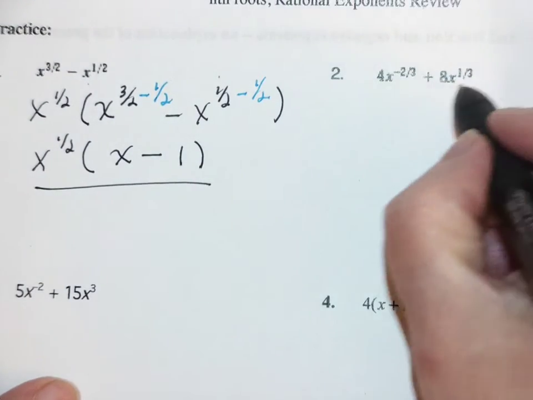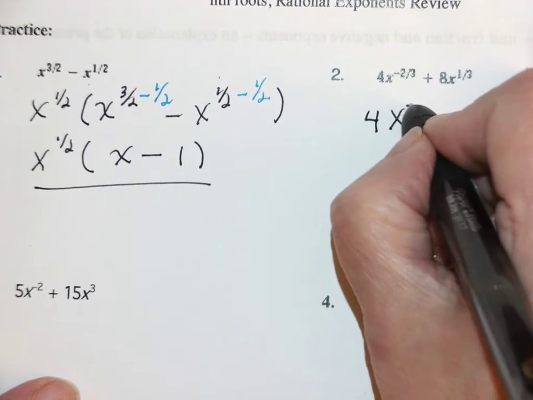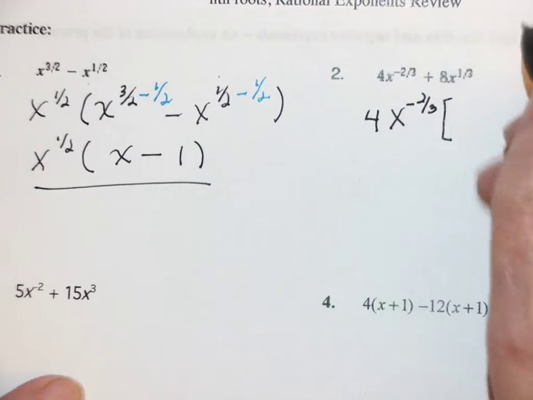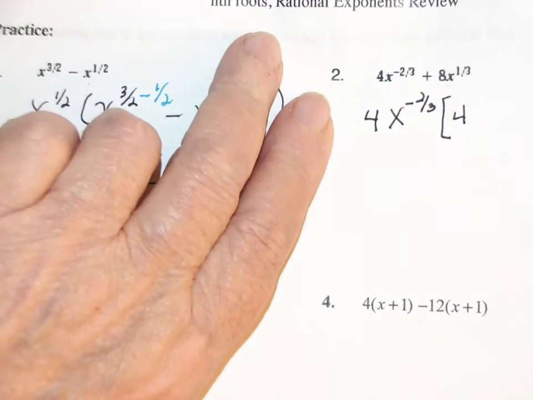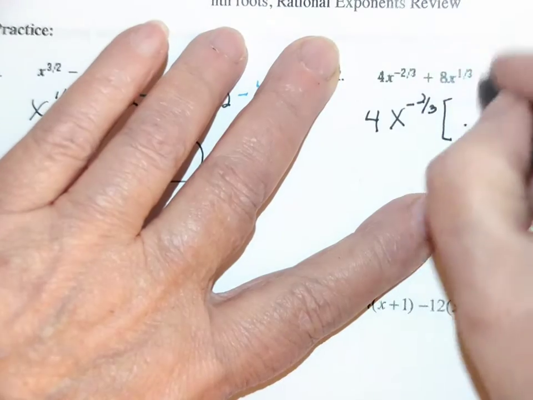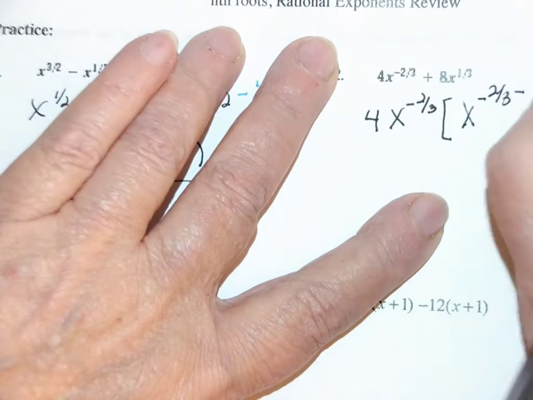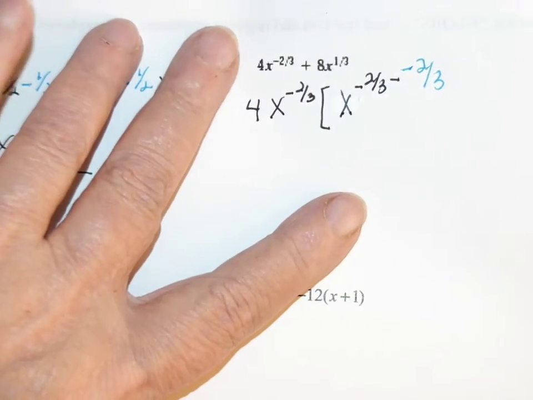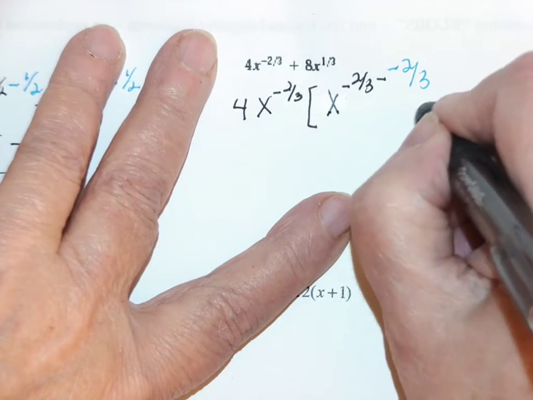On this one, I'm going to be factoring out a common factor of 4. The number is easy. This is an x to the negative 2/3, smallest power. I'm removing the 4. So it's gone. Don't ask me why I wrote it down. From the x to the negative 2/3, I'm removing a negative 2/3. So essentially it's gone. Leaves a 1 behind.